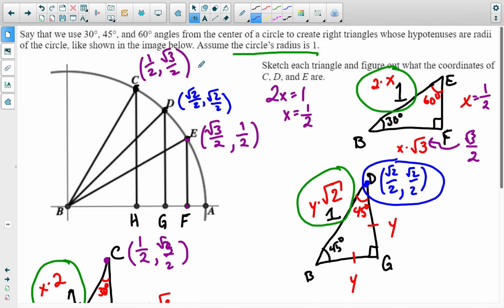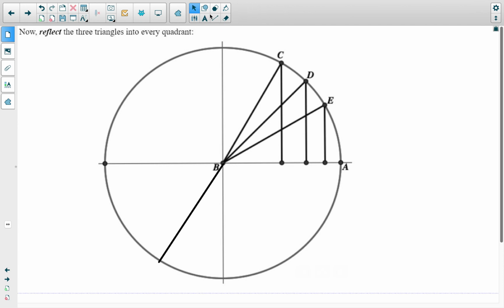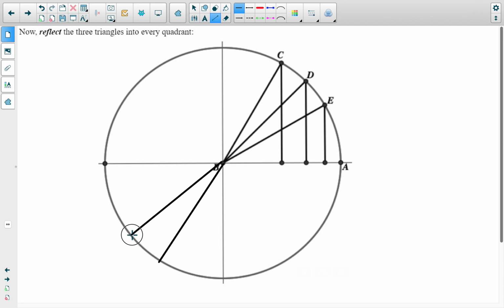So, what does this mean for us? Say we got really excited, and then say we carried on this diagram. We did this in class. Say that we carried on each of these hypotenuses, and say that we maybe reflected each one.